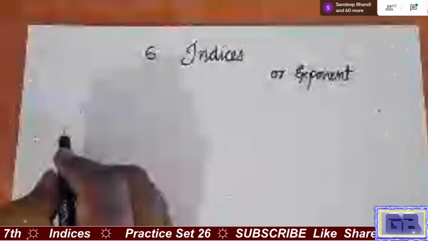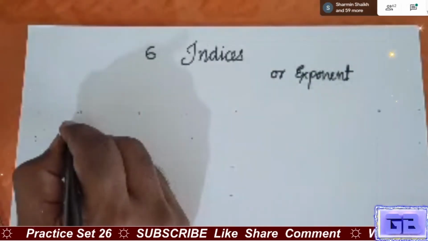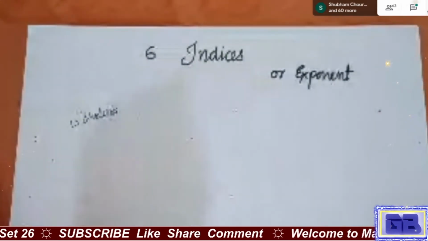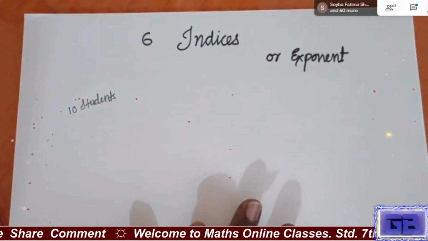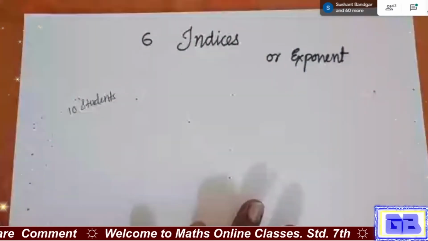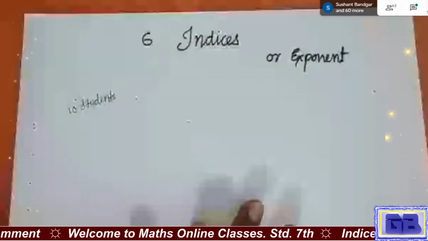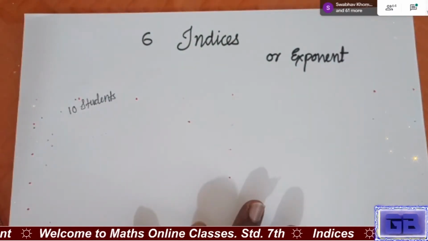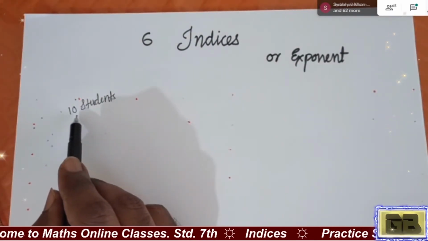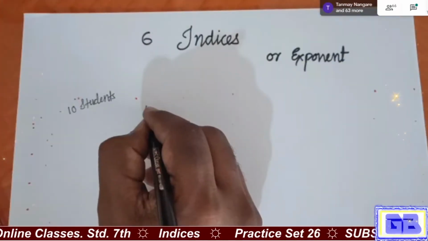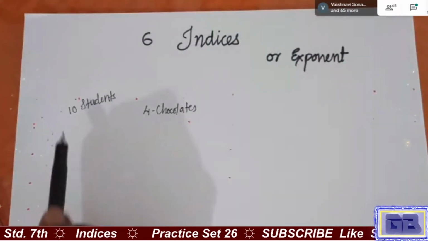Suppose we have a total of 10 students. How many students? 10 students. And we have to give, you know that during Christmas or any other festival we distribute sweets to the students. So in the same way, suppose we have to distribute 4 chocolates to each student.